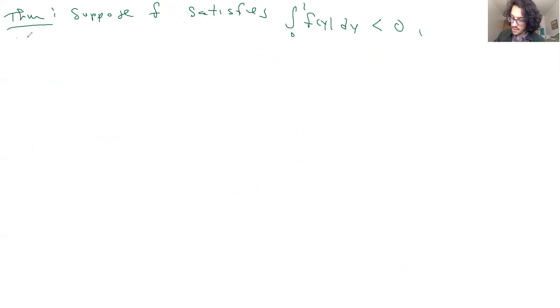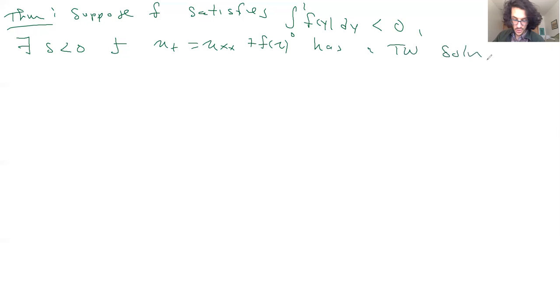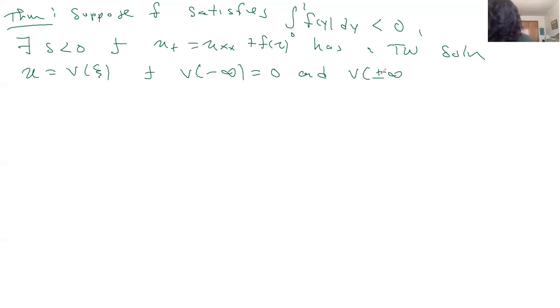Okay, then there exists an S less than 0 such that your bistable equation has a traveling wave solution u equals v of xi such that v at minus infinity is equal to 0, and v at plus infinity is equal to 1.